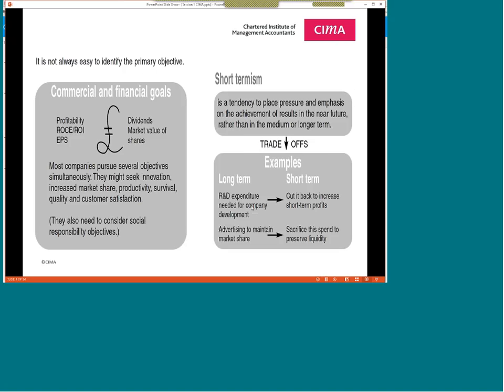In terms of the financial goals, usually they relate to profitability, market growth, dividend, shareholder value, and things like that. What is important, especially nowadays, is to consider also social responsibility objectives. Depends on the industry, but it's more and more important across many industries. We will talk about it now as well.